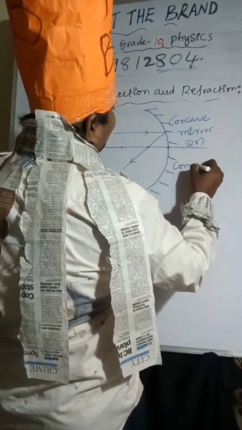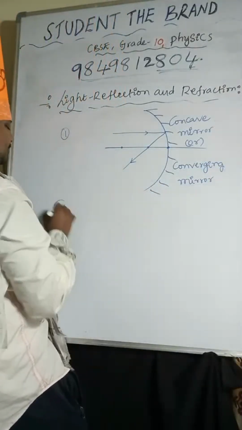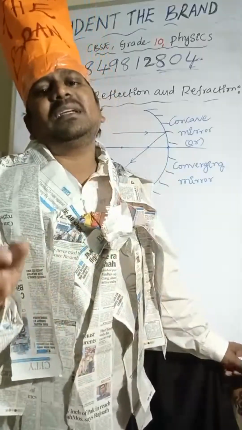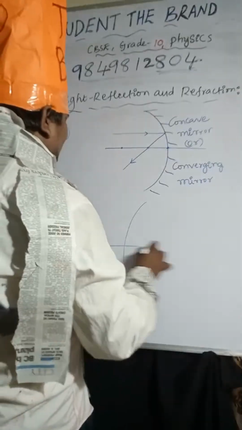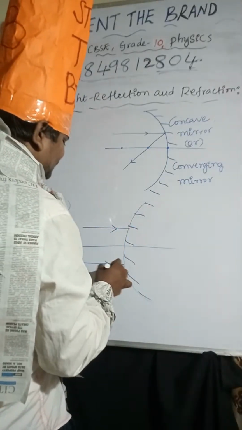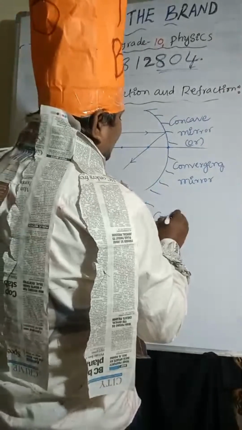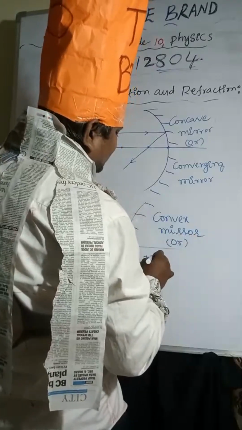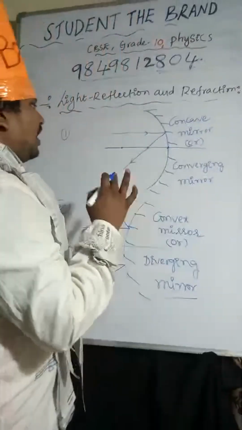Convex mirror is a diverging mirror. So concave mirror is also called a converging mirror.